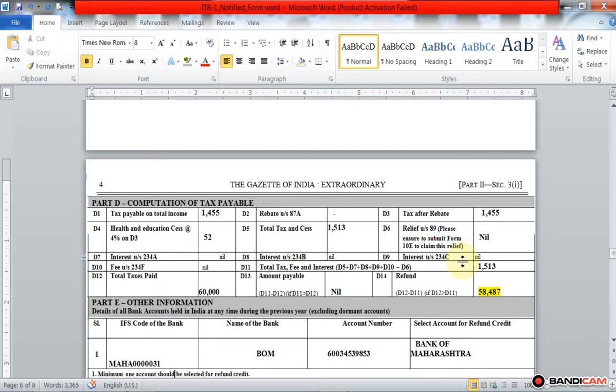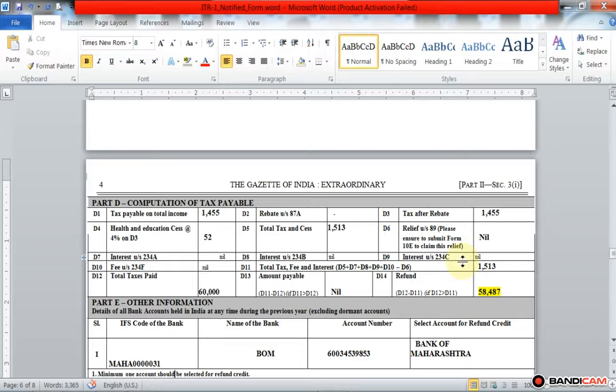Then we add 4% health and education cess on tax, that is 4% on 1,455, amounting to rupees 52. Then we get D5, the total tax and cess, 1,513. Then D6, relief, is not given, so nil. Interest nil, fees nil. Then D11, the total tax, fee and interest, is rupees 1,513.